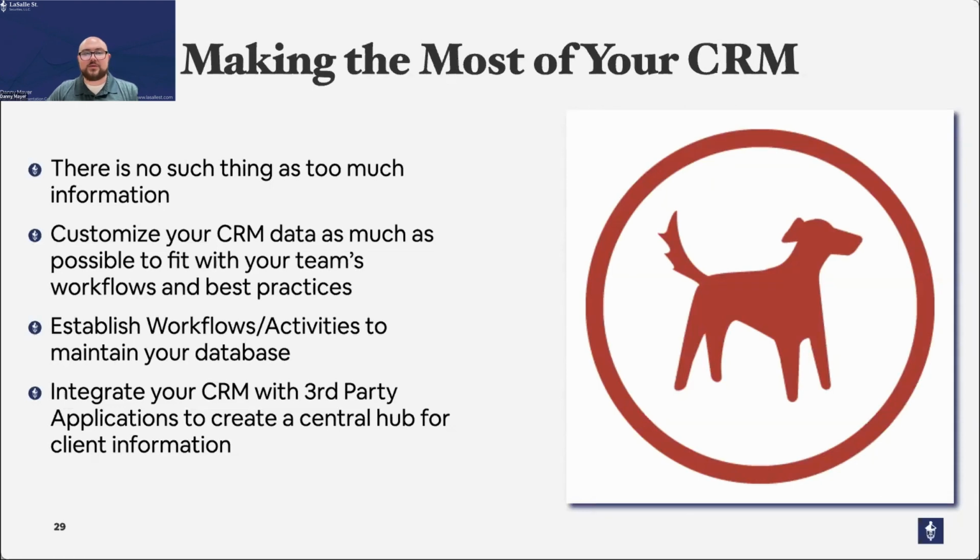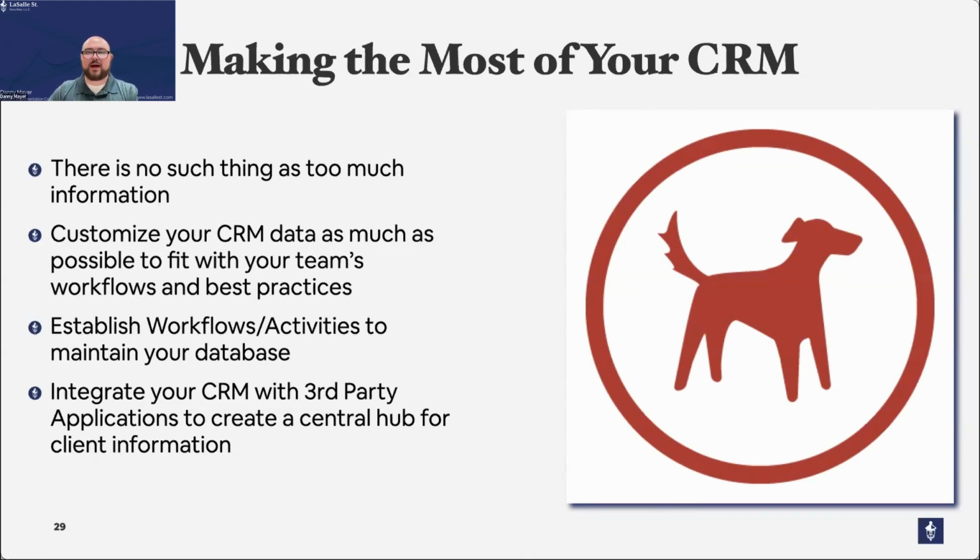The next is to really take advantage of the customization features that Redtail provides you. If you can spend some time establishing the different statuses and categories and activities, the more standardization you can apply to your practice, and the more you can customize your CRM to reflect that standardization, the better off you're going to be in the long run.